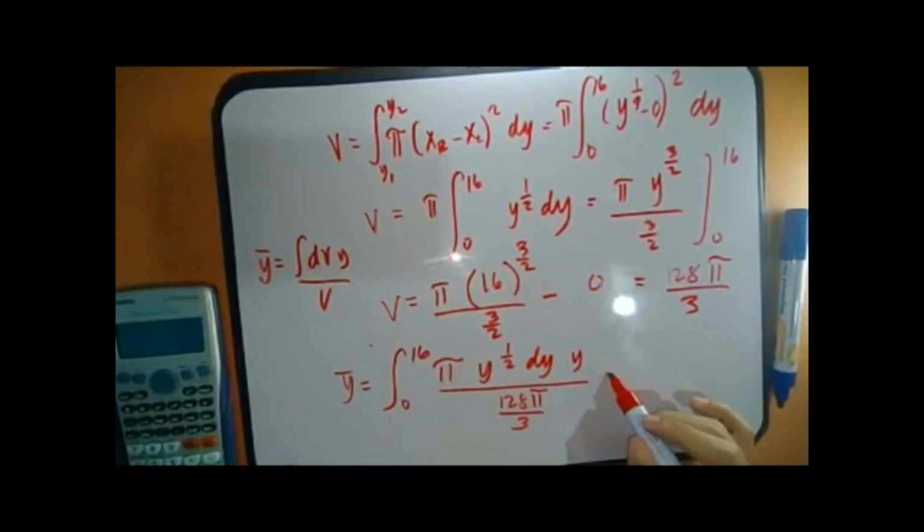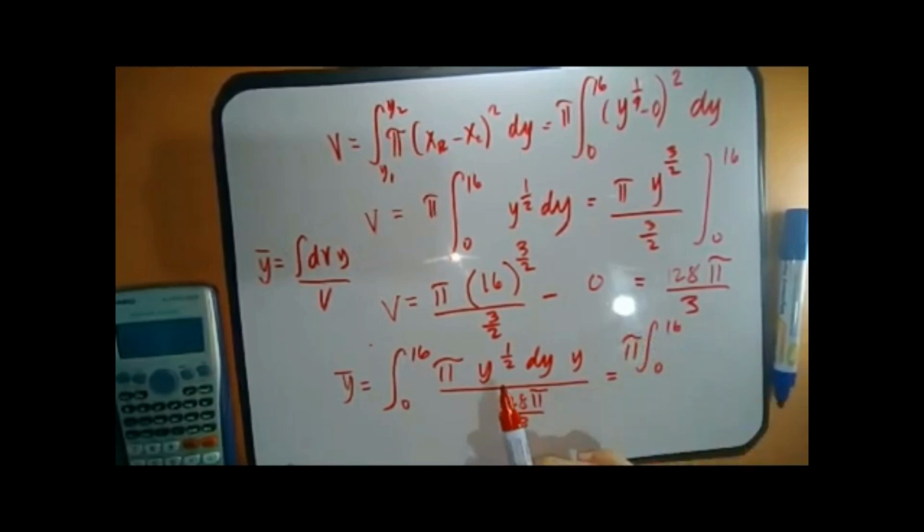So you have this integral from 0 to 16. Let's take out pi. You have y raised to 1/2 times y, so y raised to 3/2, differential of y, all over 128 pi over 3.